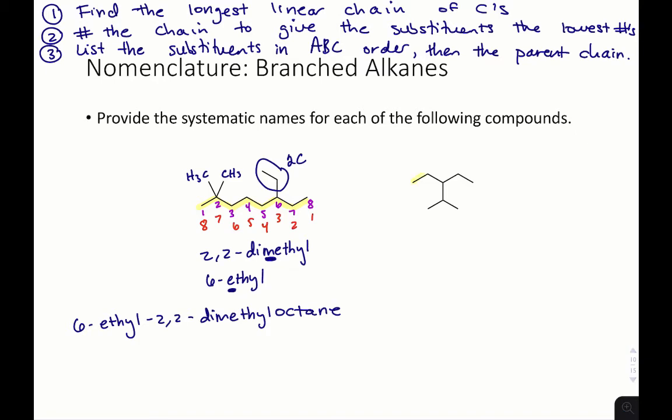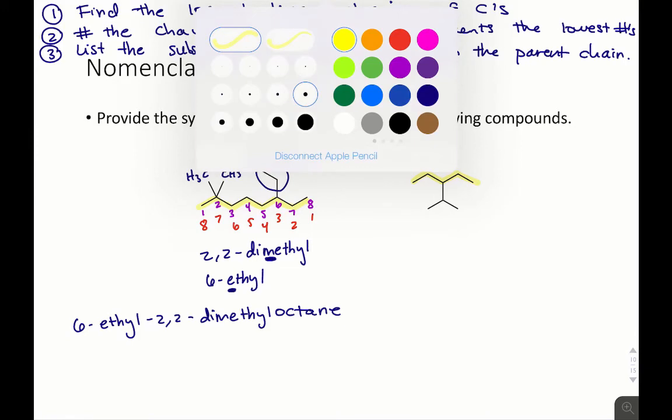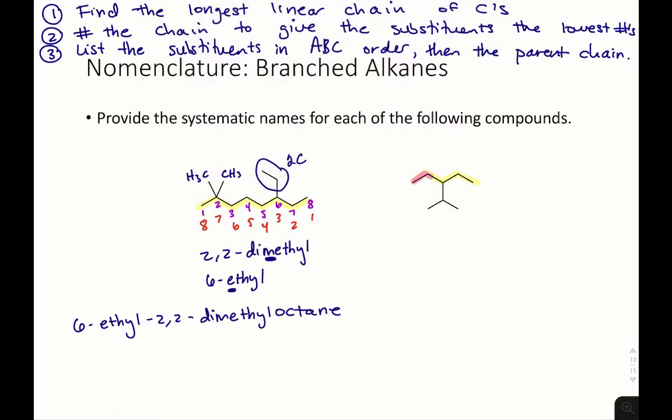Now for the second example, we could have this longest linear chain highlighted in yellow, or we could have gone down and done this, and either way we have 5 carbons. So we have 2 possibilities for the longest linear chain. Which one do we choose?